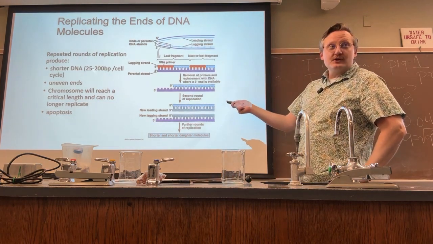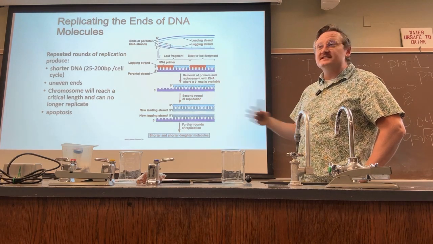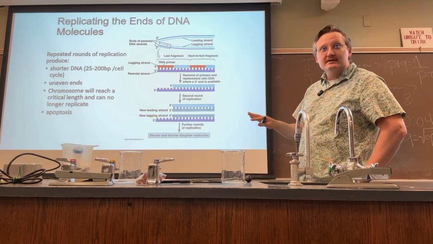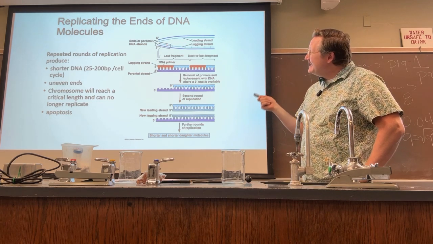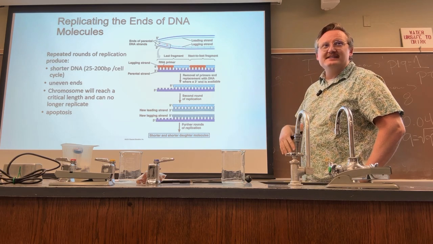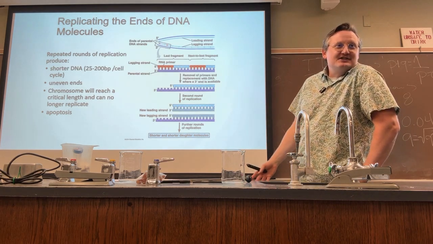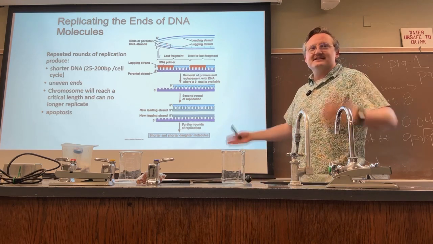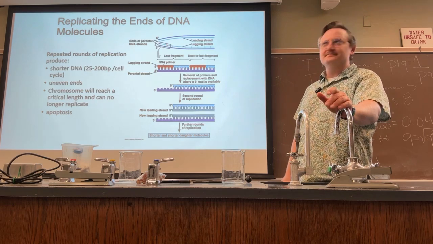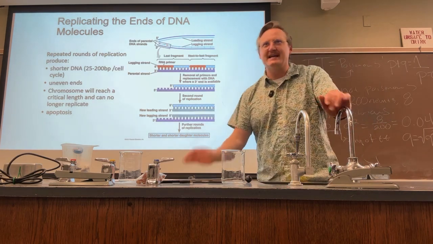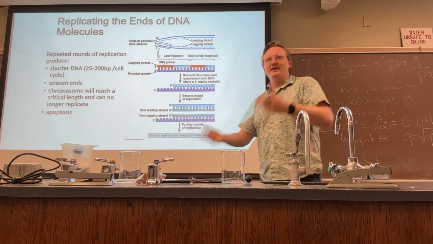So you keep shortening the DNA every time. Eventually, the chromosome reaches a critical length and it won't divide anymore. The organism controls for this by having the ends of each chromosome have a bunch of nonsense DNA that doesn't encode anything. So the chromosome keeps shortening, but it doesn't lose any important instructions. It's like a book that has a bunch of blank pages at the front and at the end of it, because you loan it out a lot.